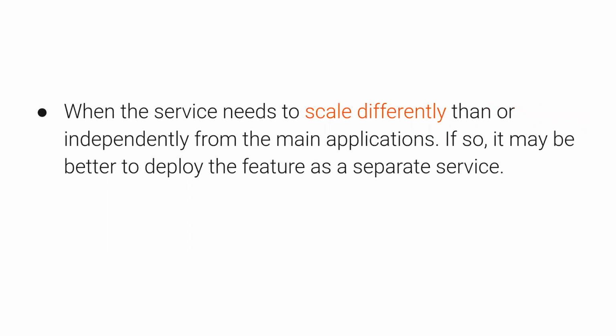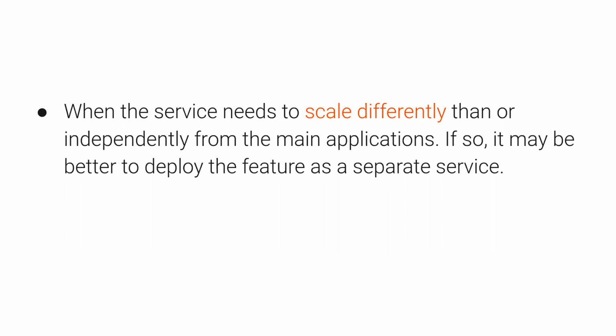So yeah, the other case is when the service needs to scale differently. What I mean by that is, let's say you want to scale horizontally. If you have three different instances of a microservice running and you want to scale horizontally, you will scale all the microservices together, right? So if your logging and monitoring is part of the main application, the logging also will scale accordingly.